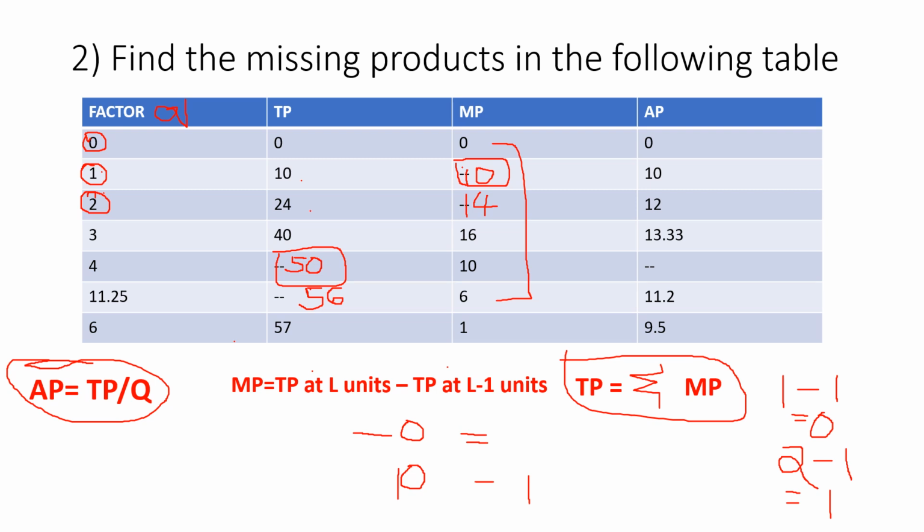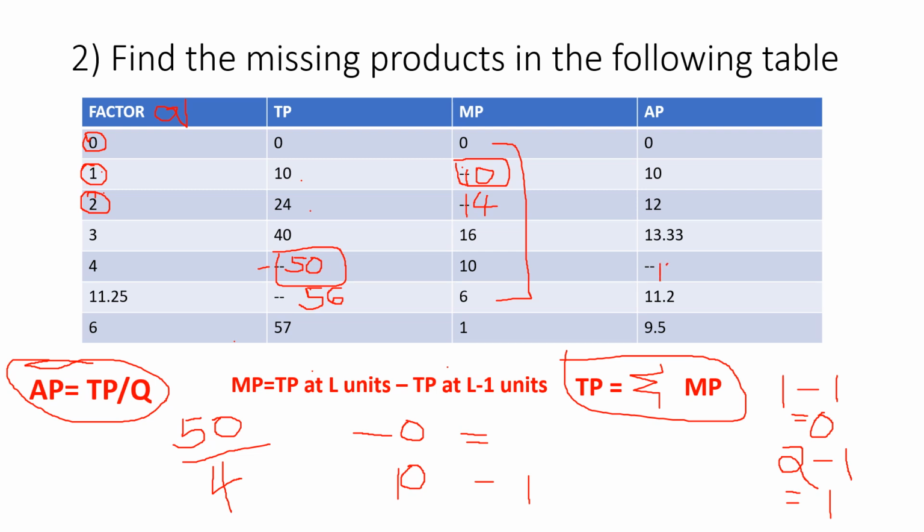So average product is equal to total product divided by quantity. How much is the total product here? We just now calculated. That is how much? 50. So do in your calculators 50 divided by the corresponding quantity, which is 4. So do in your calculators and see what your answer is. 50 divided by 4 is 12.5.